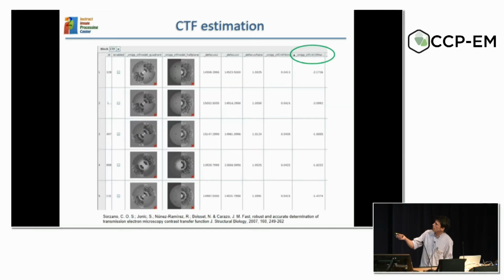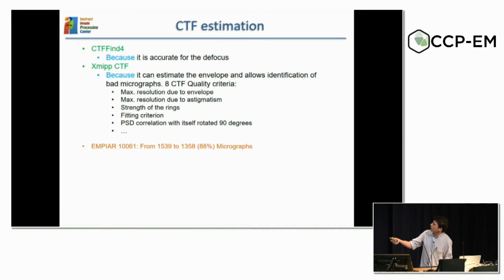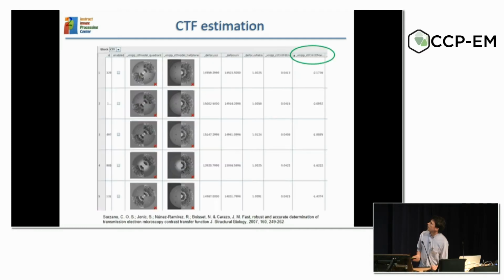For instance, this EMPIAR entry is the one of the beta-galactosidase at 2.2 angstrom. And 88% of the micrographs were good, but 12%, even in a very good data set, you have micrographs that don't comply with very high quality standards.